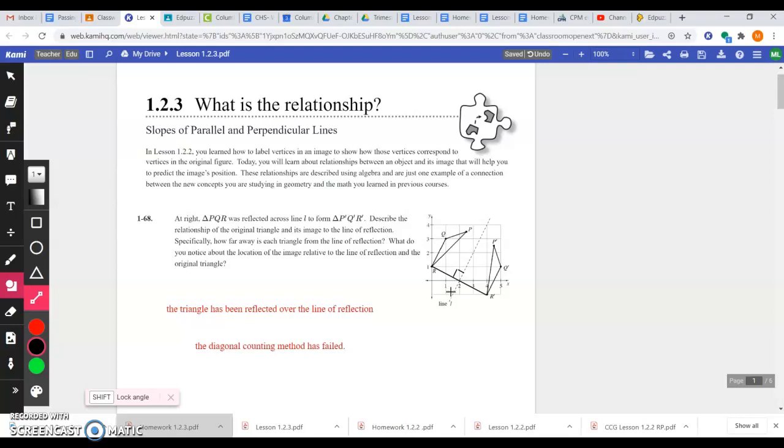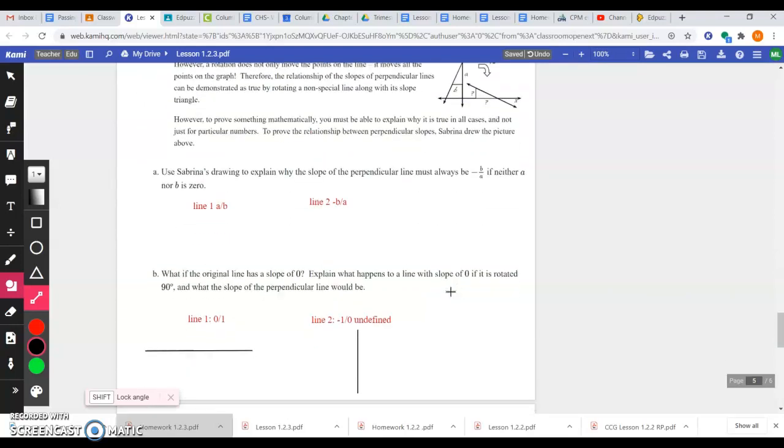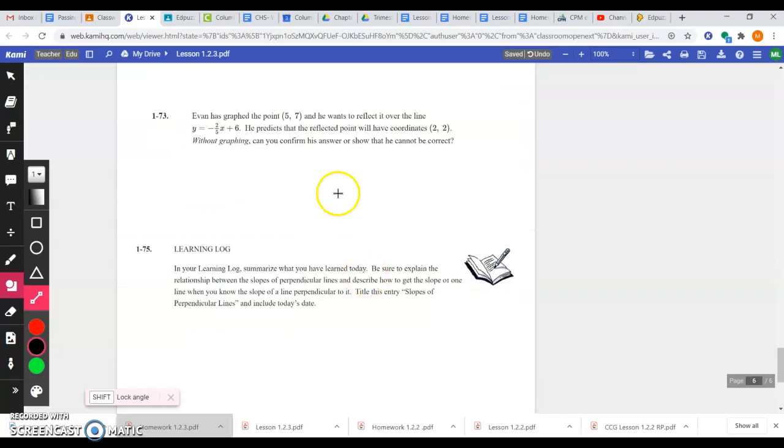diagonal counting method works. And that is what we're going to apply here: we would have to use the opposite reciprocal of this slope, and that opposite reciprocal should bring us from this point to that point. And if it doesn't, then that point would not be an accurate reflection of 5, 7.